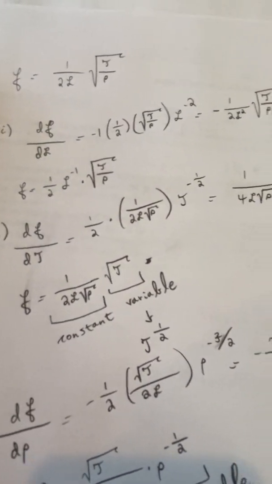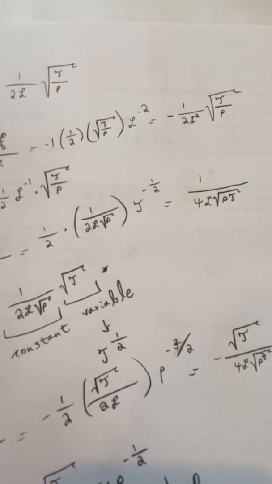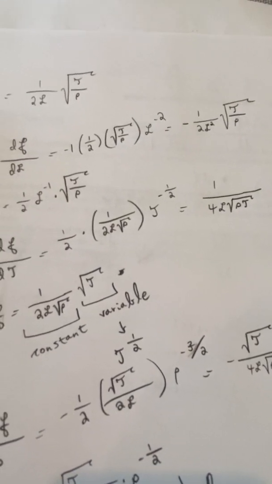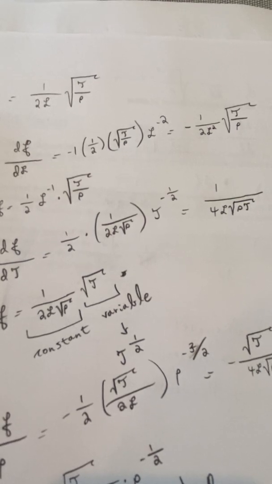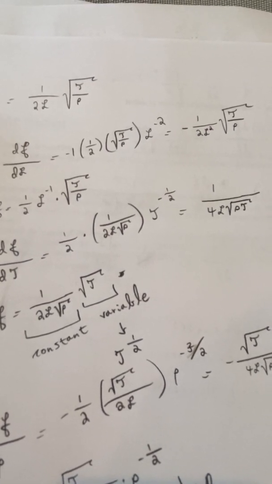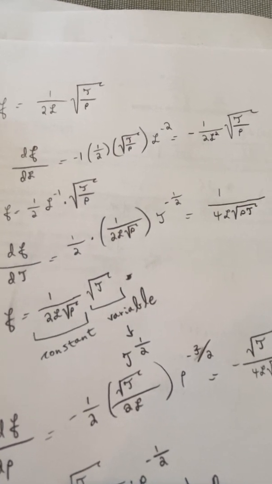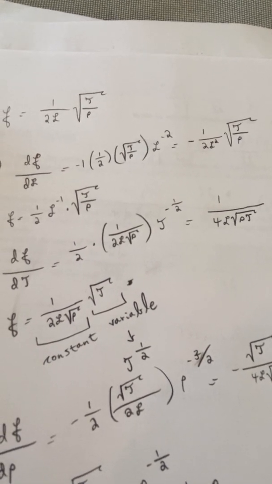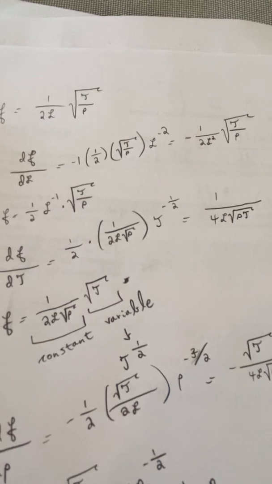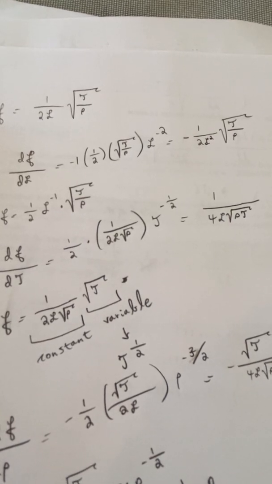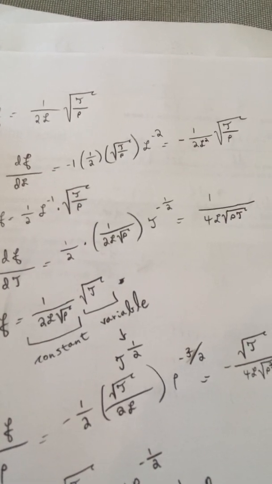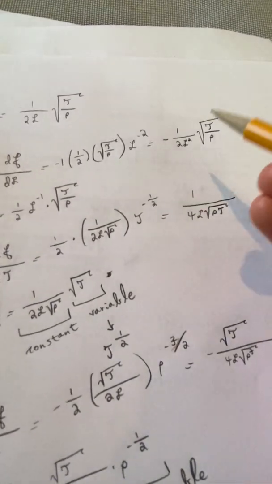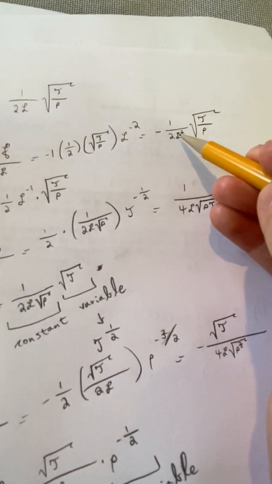So we can see from our first equation that dF over dL has a negative sign. Okay, so that means basically that as the length of the string increases, the frequency is going to decrease. And we can see that if we instead decrease the length, the frequency is going to increase.